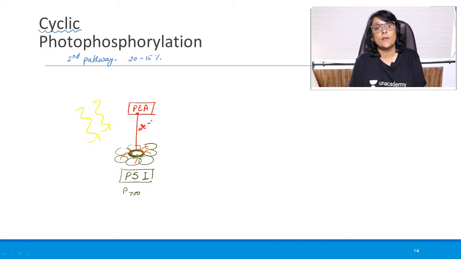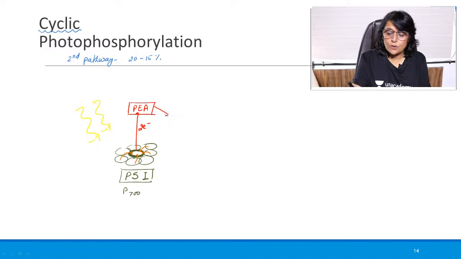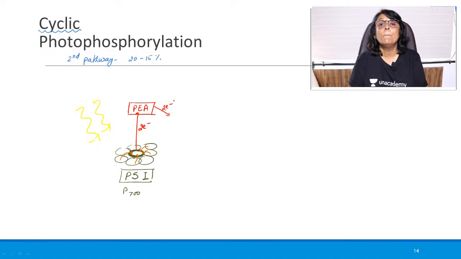And this pair of electrons will be accepted by the primary electron acceptor of PS1. And now this electron, which is at a higher energy level, will be brought back to PS1 through an electron transport chain.